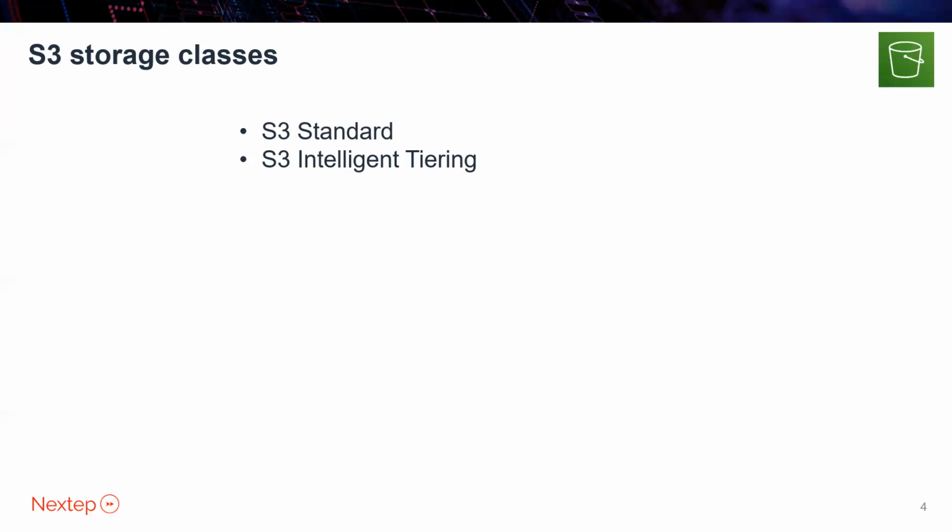Intelligent-Tiering uses machine learning or artificial intelligence to determine the appropriate storage class based on your usage pattern. So it's less expensive. And the third one is called S3 Standard Infrequent Access. S3 Standard-IA is used for infrequently accessed data. I want to store it, but I use it very infrequently.